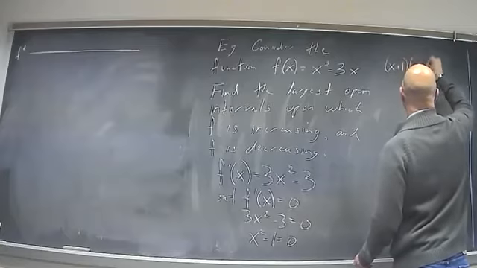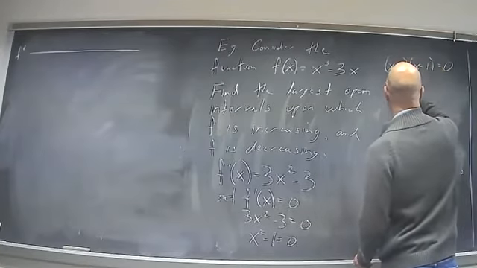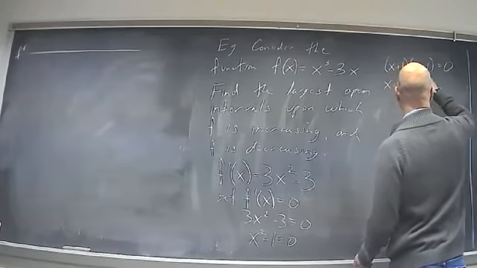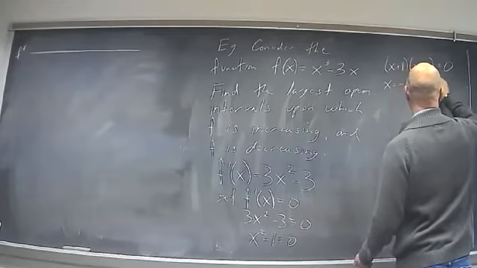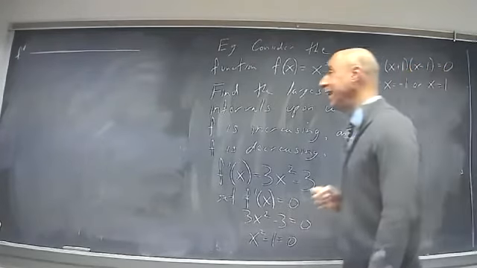x plus 1, x minus 1 equals 0. So either x plus 1 equals 0, in other words, x equals minus 1, or x minus 1 equals 0, x equals plus 1. So at x equals 1 and negative 1, those are the two places where the derivative is equal to 0.